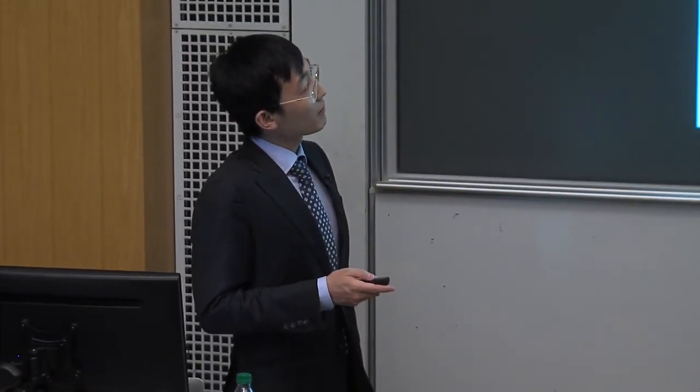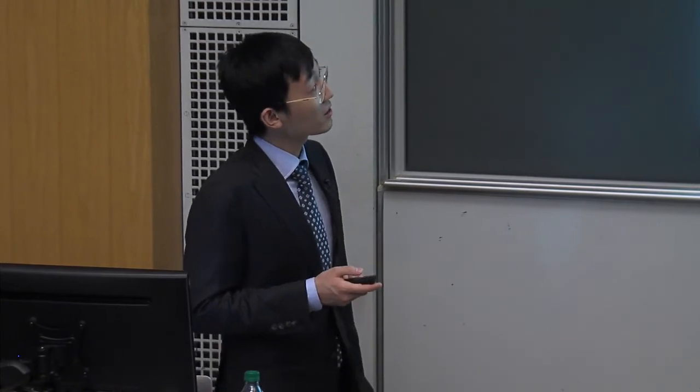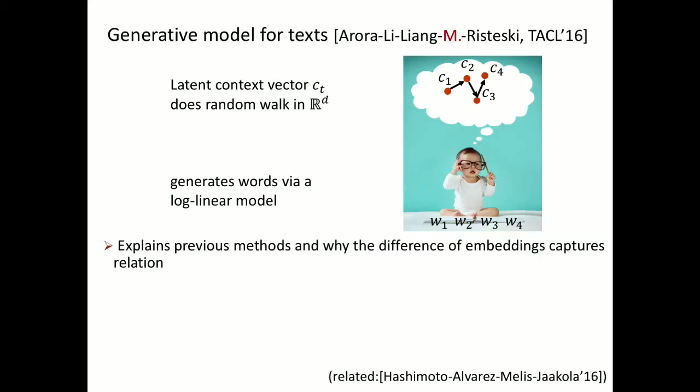The nice thing about this model is that we can explain theoretically the previous methods, in the sense that we can show the previous methods are different ways to train our model. Basically, word2vec is an EM algorithm for our model, and GloVe is a moment method for training our model.